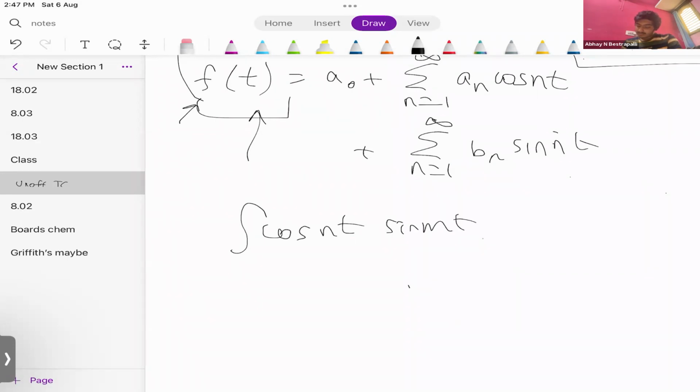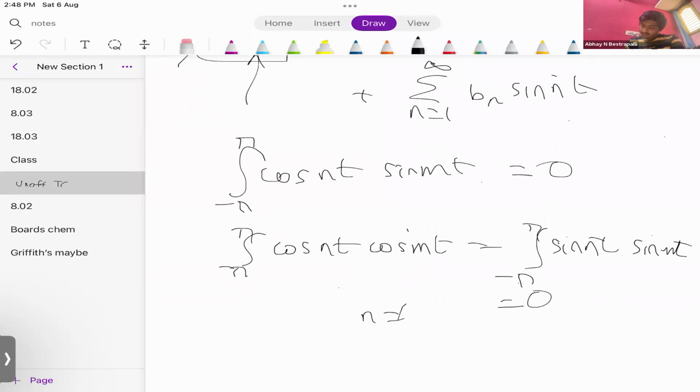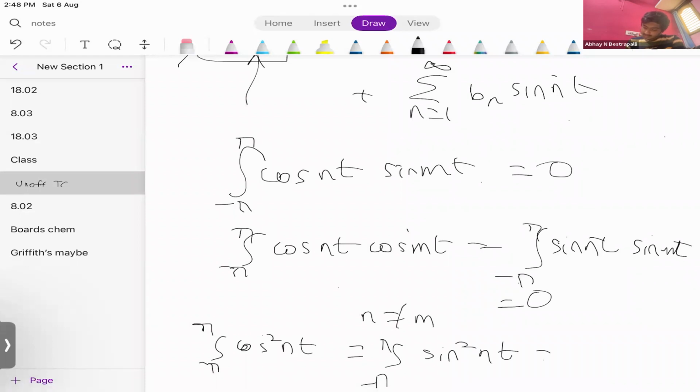So I'm going to write down a few integrals, and you can tell me what you think. You can prove all these integrals, by the way. They're nice exercises.